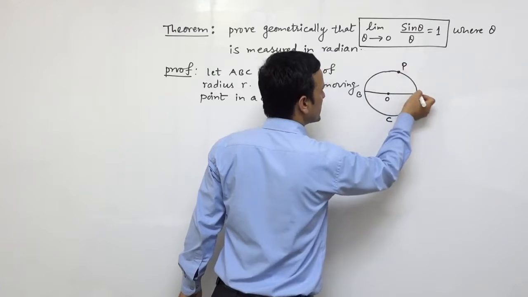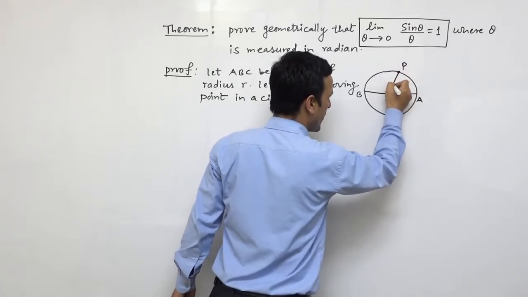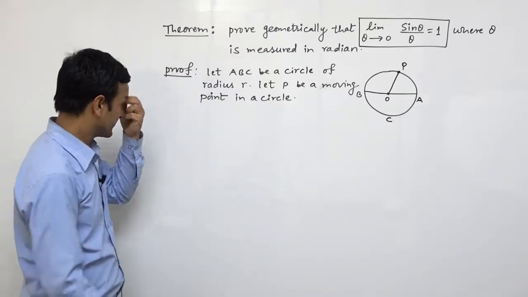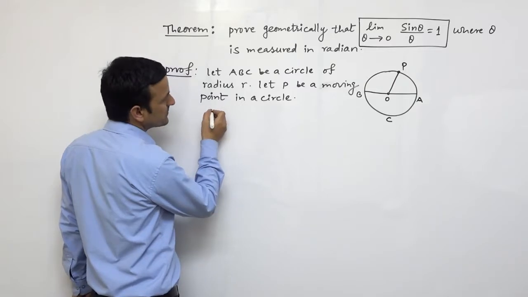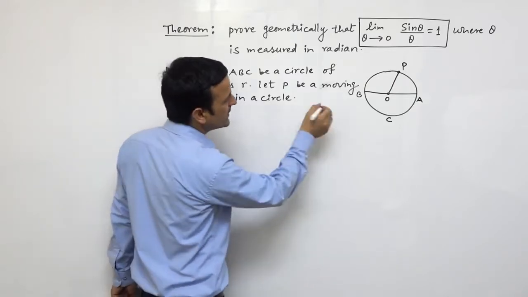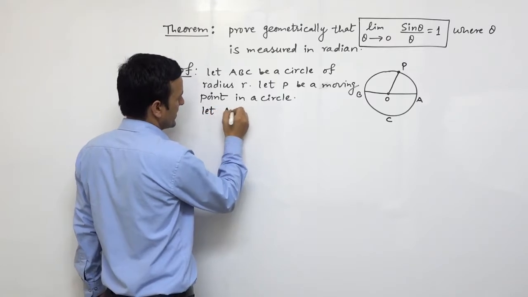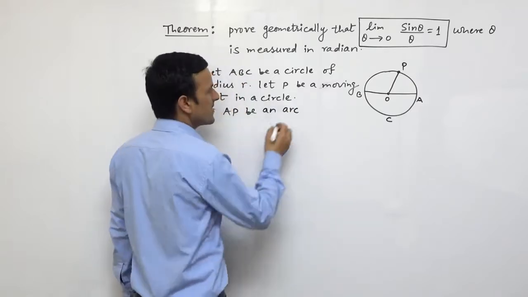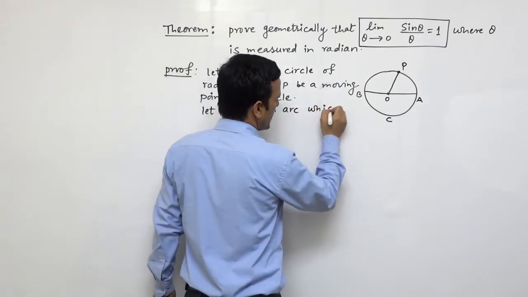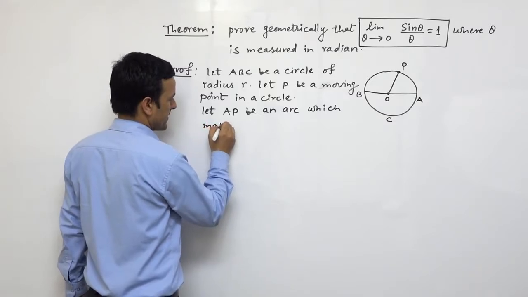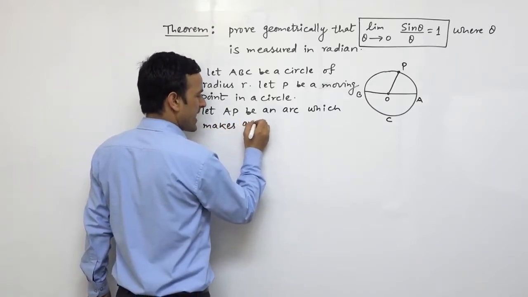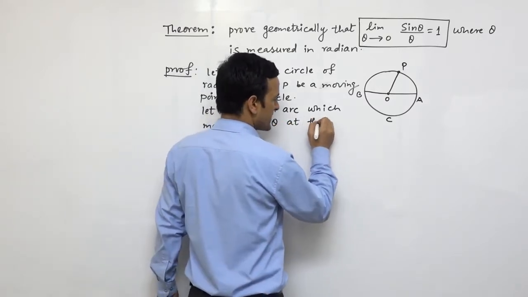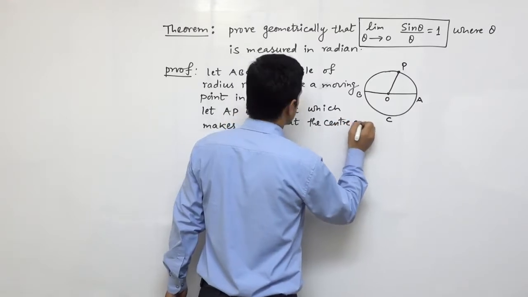This is the arc, AP is the arc, and join PO. We can join P and O in this way. Now let AP be an arc which makes an angle theta at the center O.